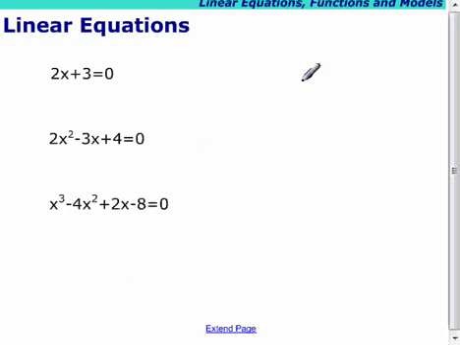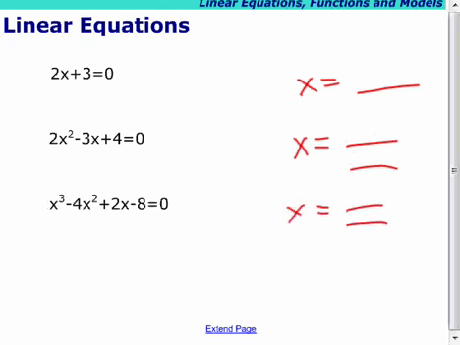In the end, we always want to come up with x is equal to something. But in the first one, we have a certain set of rules that'll work. The second one, different set of rules, but in the end, we're still going to get x is equal to something. In this case, we get 2 answers for x. And in the last one, same thing, we get x is equal to something, but in this case we have a possibility of 3 answers for that one.